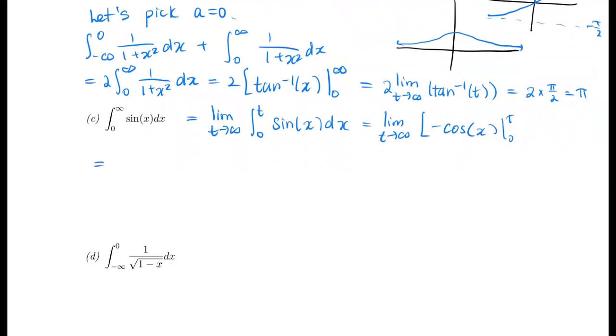So this is equal to negative the limit as t approaches infinity of cos of t, plus cos of 0, which is equal to 1.